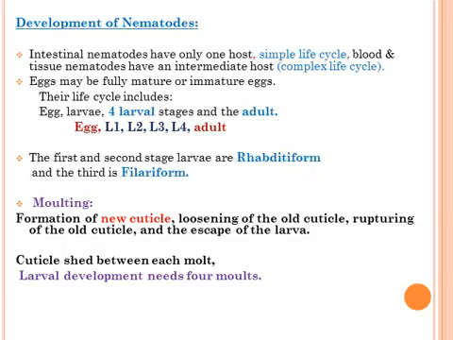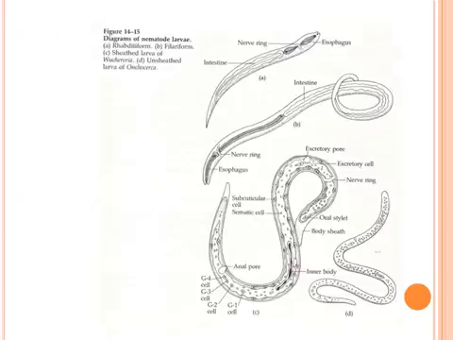So there are 4 molts in the life cycle of the nematode, from the eggs to 4 larva stages and then the adult. This slide shows that larva 1 and larva 2 are shorter and thicker, and after the molts they develop to larva 3 and 4, which are filariform larva, longer and thinner than rhabditiform larva. That is what is found in the development of the nematodes.